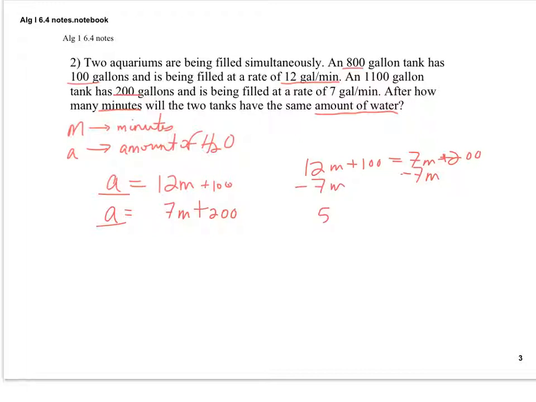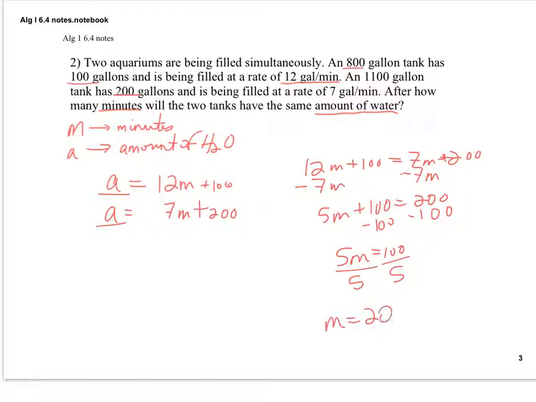That's going to give me 5M on this side, and this side's still going to have 200. Then I'm going to subtract 100 from both sides, and I'm going to have 5M is equal to 100. And then when I divide both sides by 5, I would see that M is equal to 20 minutes.